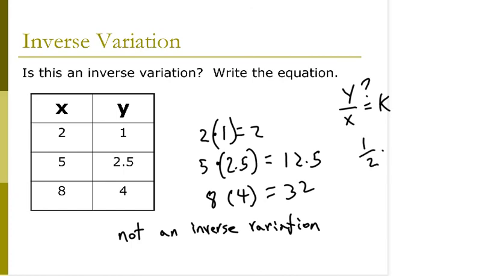So it turns out that what we have here is not an inverse variation, but a direct variation with the following equation: either y equals 1/2 x or y over x equals 1/2. So this is actually a direct variation.